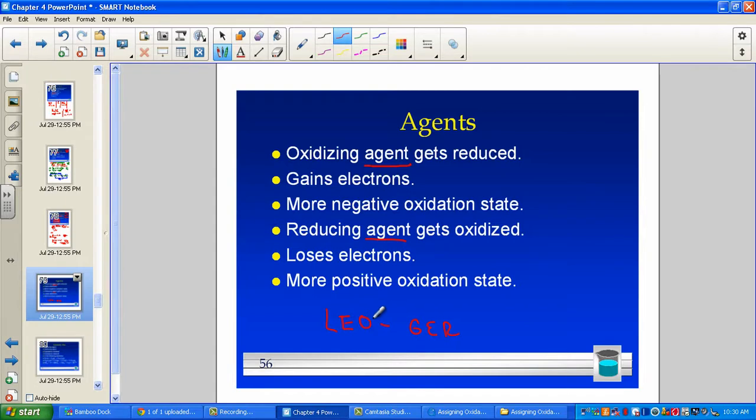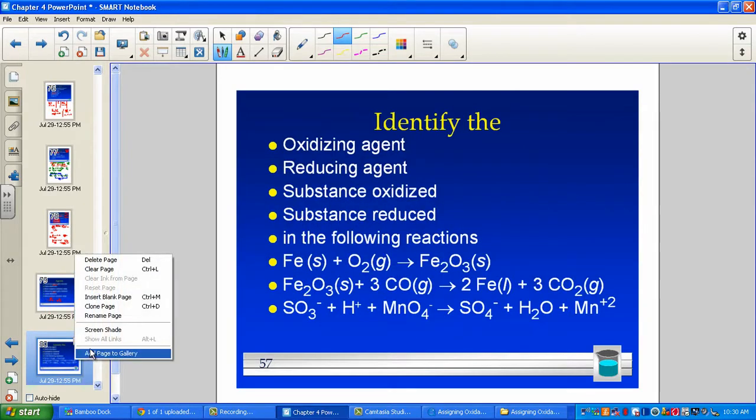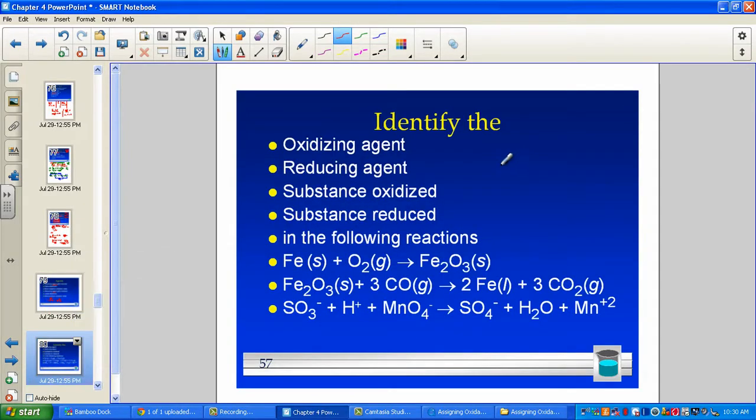Losing electrons is oxidation. Gaining electrons is reduction. To be oxidized is to become more positive. To be reduced is to become more negative on the number line. Traditionally, this term agent gets confusing for beginning students, but with a little practice, it becomes quite easy. Let's identify the oxidizing agent, the reducing agent, the substances that were oxidized, and the substances that were reduced.